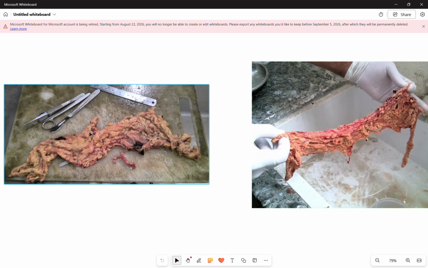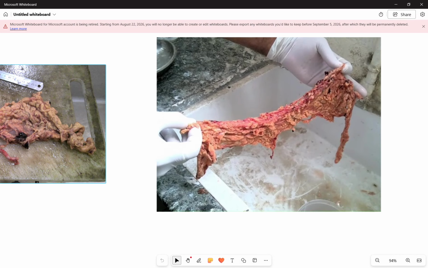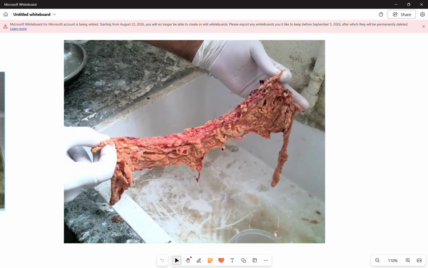Quite substantial by way of gross specimen, and this is a better picture of omentum. It's like an apron hanging from stomach and going down into the pelvis. It contains fatty tissues as well as a large amount of blood vessels, very vascularized.